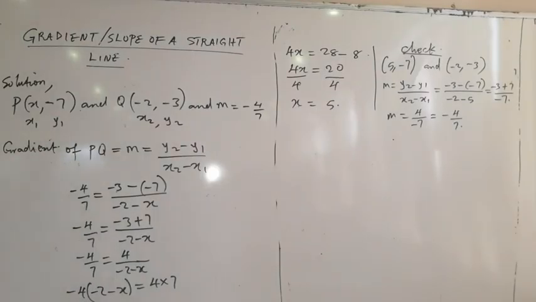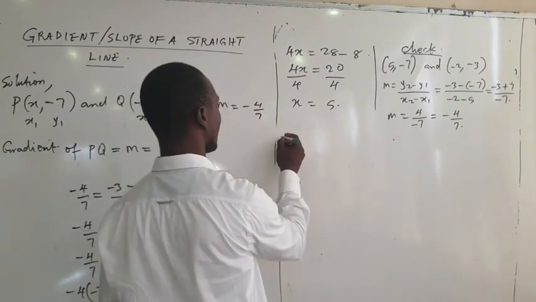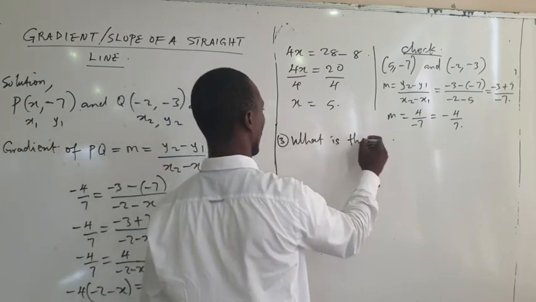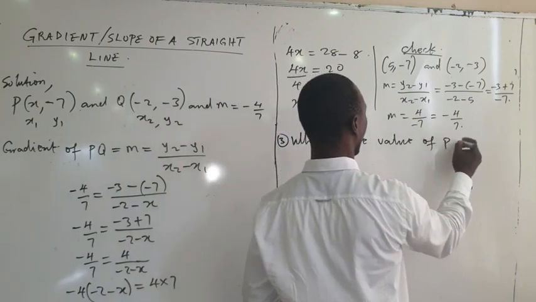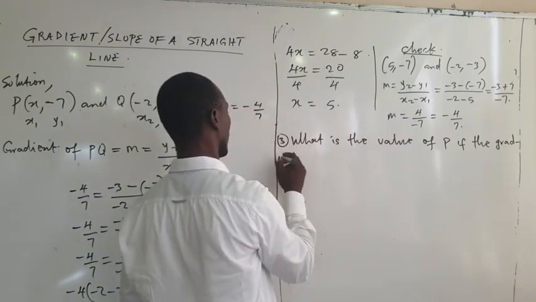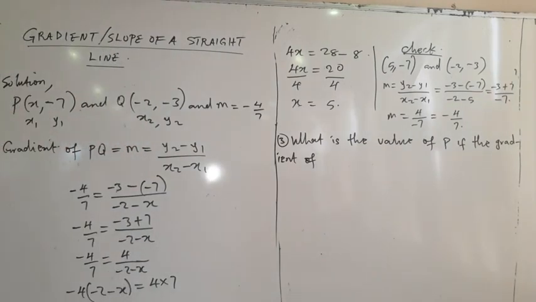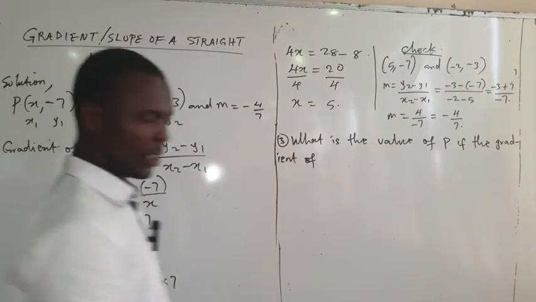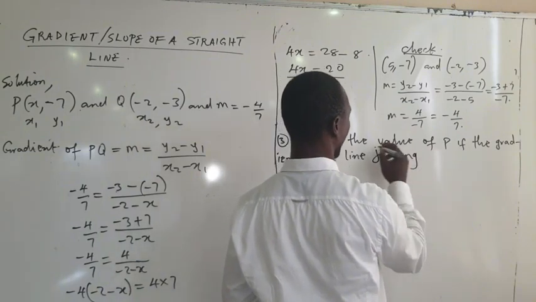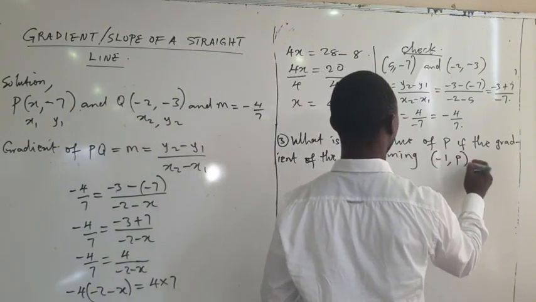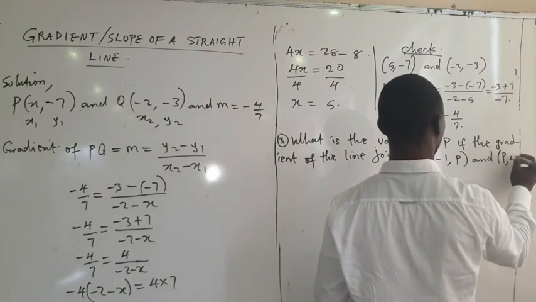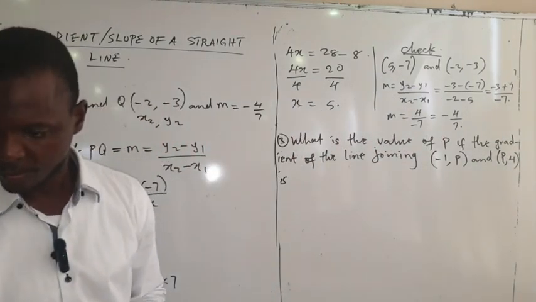So question 3 states, what is the value of p if the gradient of the line joining minus 1 comma p and p comma 4 is 2 over 3.